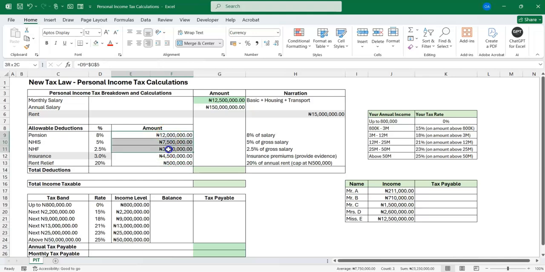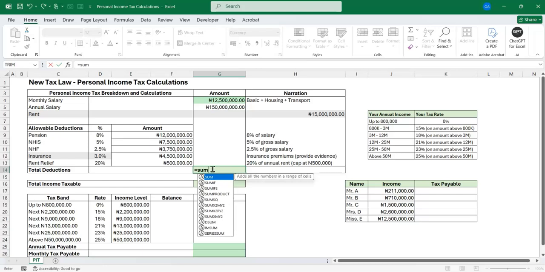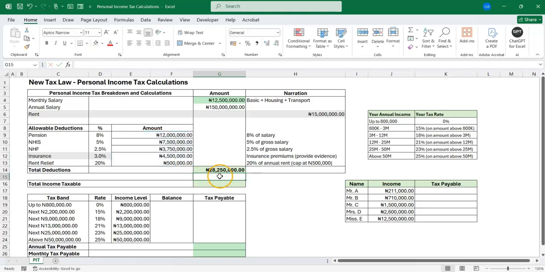So this is all allowable deduction, assuming that our organization subscribes to all of these reliefs. So let's just calculate and see. We say equals sum. Let's calculate the total deductions. This to be this. So our annual deduction is 28 million plus.